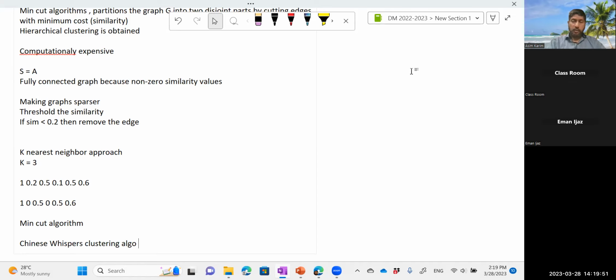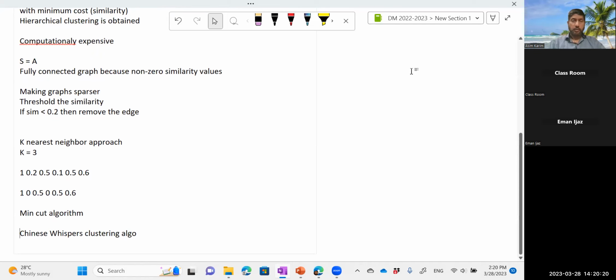Okay, and these heuristic algorithms are based on a notion of message passing, which we will understand shortly. And they work best when the graph is sparse. Remember, we talked about sparsity before as well. Sparsity is important for theoretical algorithms like min cut. They're also important for heuristic algorithms like Chinese whispers. Okay, so ideally, we like to have a sparse graph before clustering.